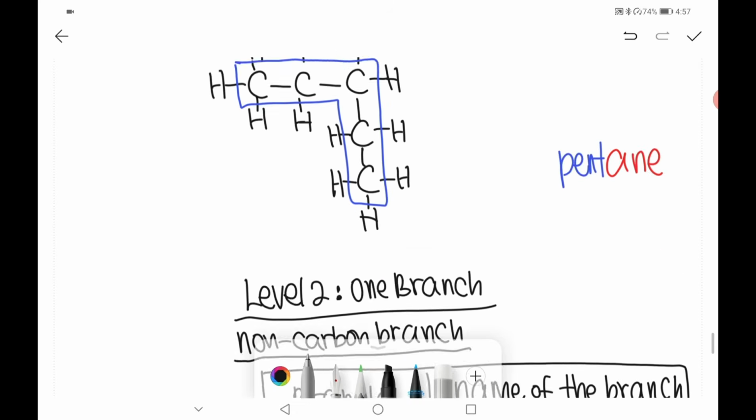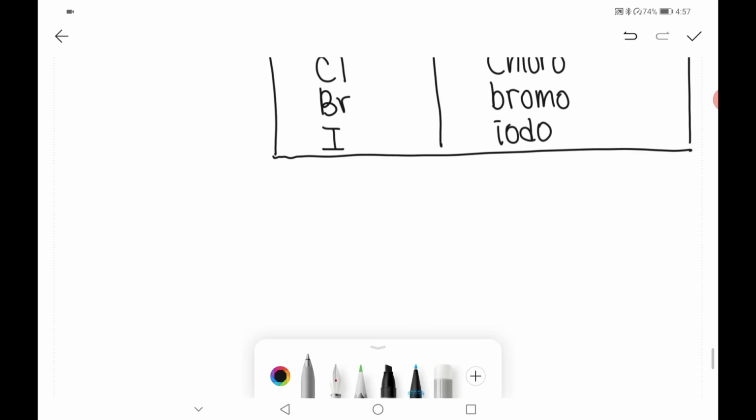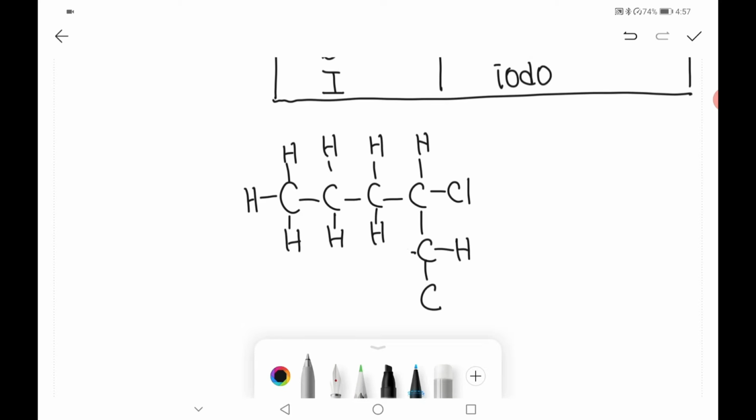Okay, so this is the diagram. I'll use one example to demonstrate.